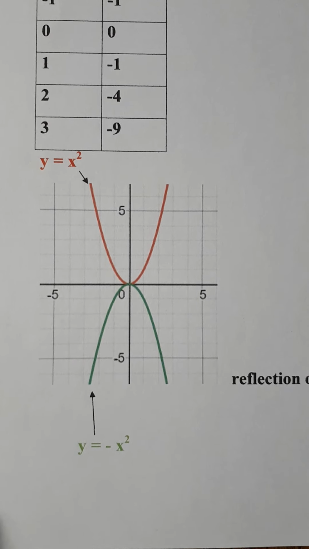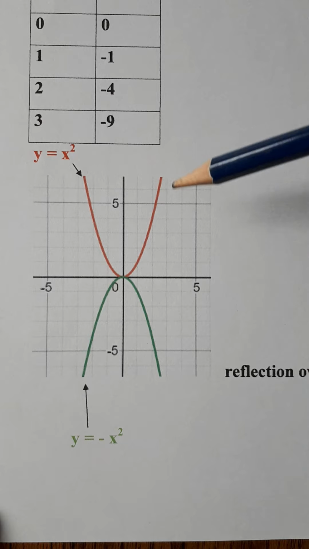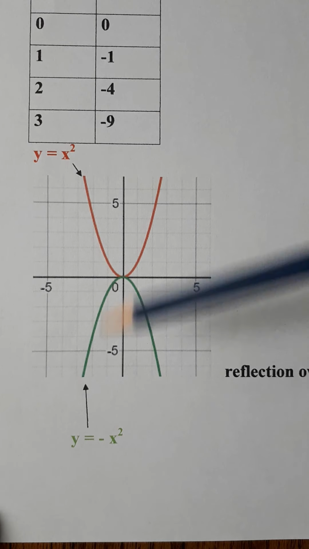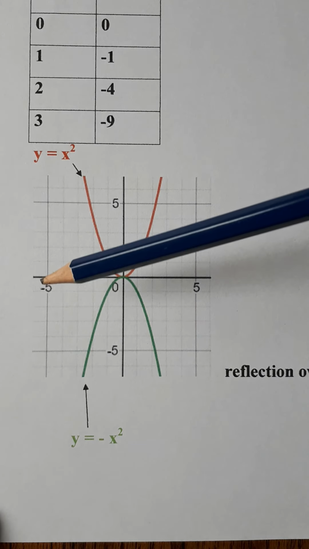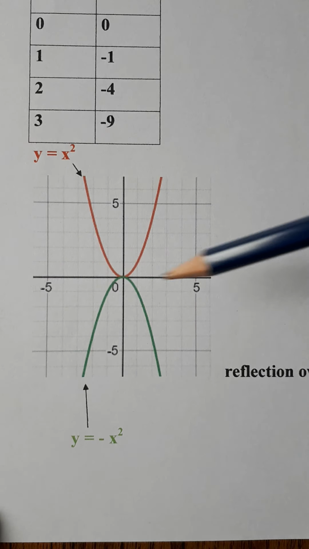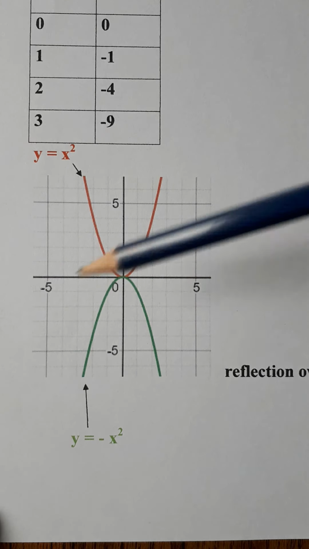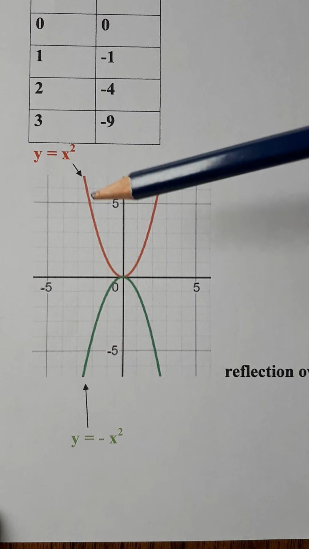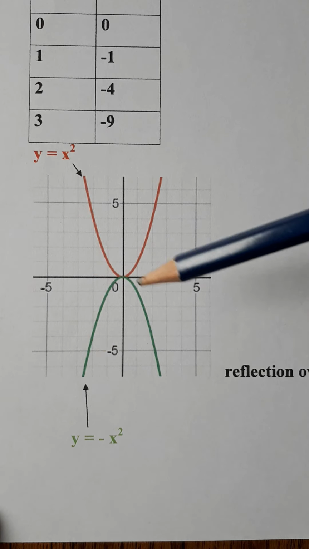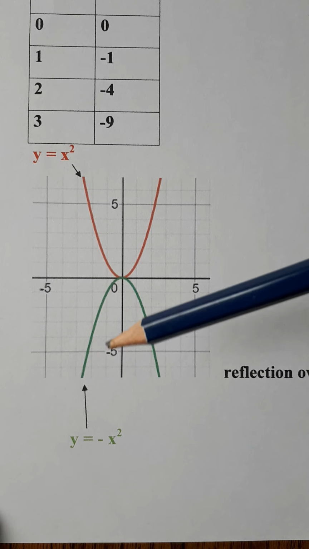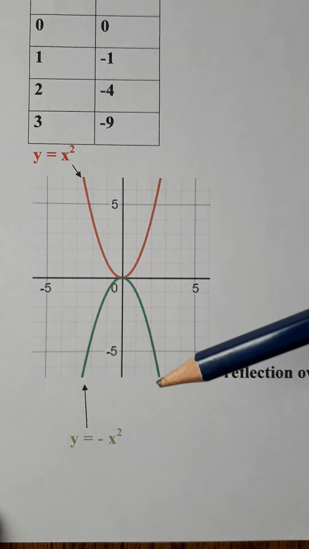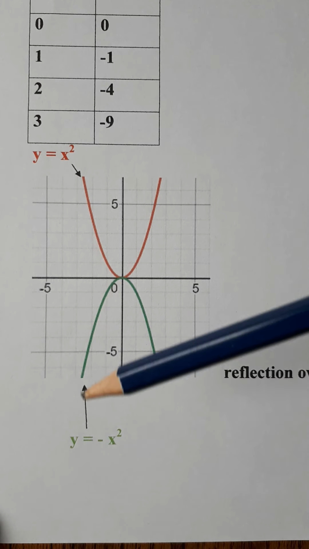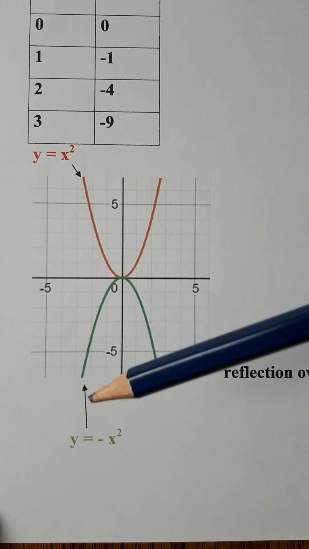So now you can see when there's a minus sign in the front, your original graph is reflected over the x-axis. It's like if you put a mirror along the x-axis, you will see the image of this graph here. So we said that the original graph is reflected over the x-axis. I have shown that in green color.